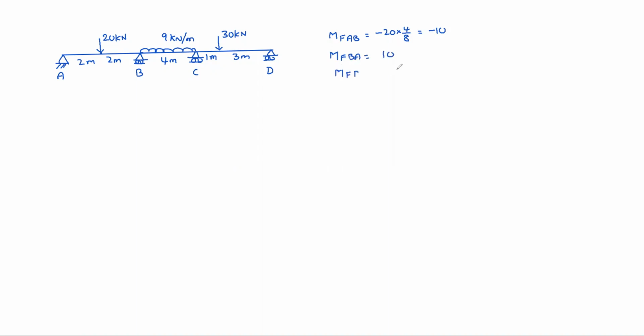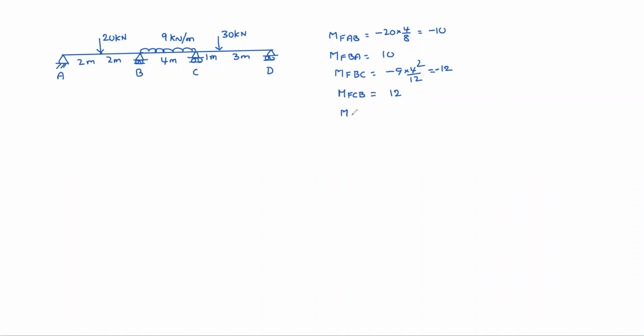MFBC is minus 9 into 4 square by 12, that equals 16 by 12, 4 by 3, so that is minus 12, and MFCB equal to plus 12.